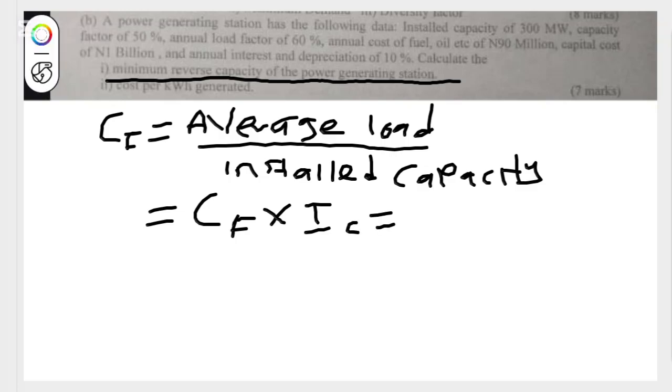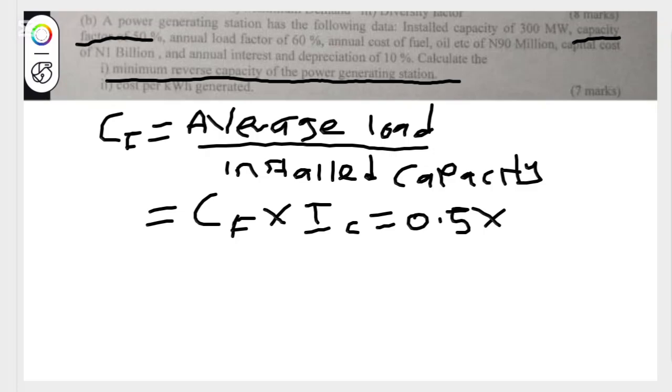So what will be our capacity factor? The capacity factor is 50%, because the question says the capacity factor is 50%. So I'm going to convert it. It will become 0.5 multiplied by the installed capacity. What is the installed capacity?